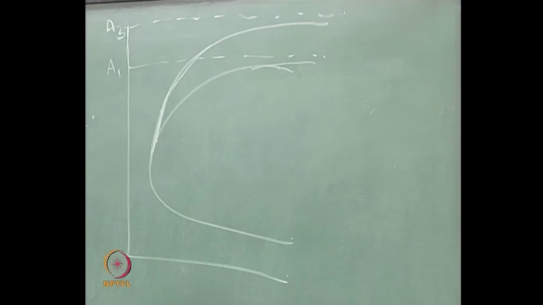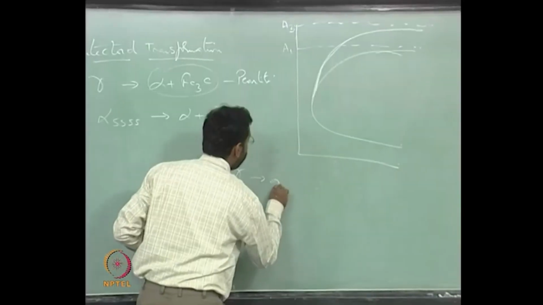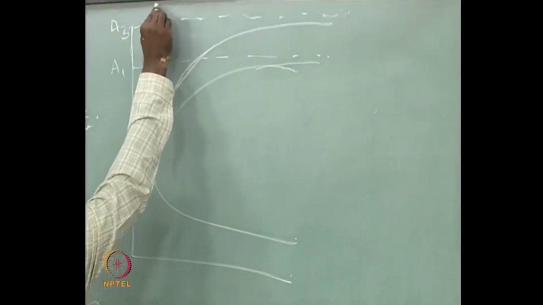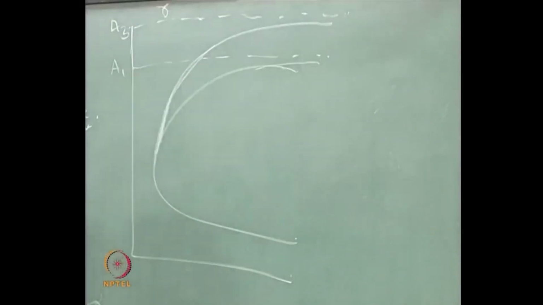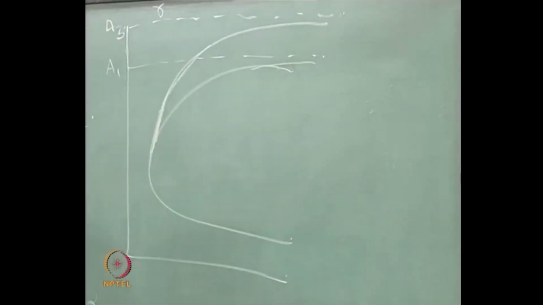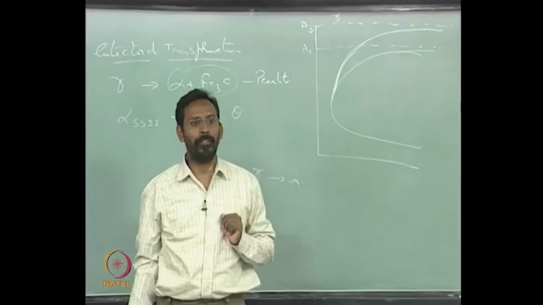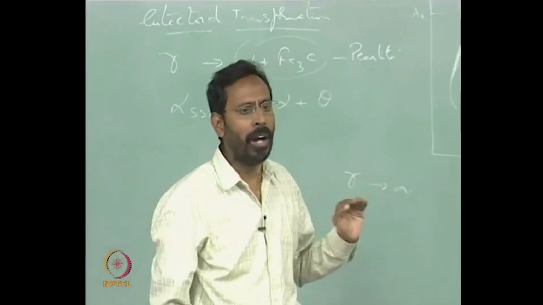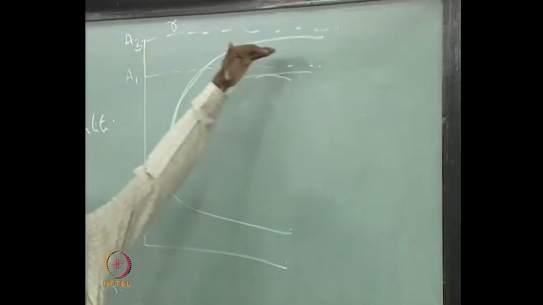So, gamma gives you alpha in this domain. So, everything is gamma above that temperature A3, and between A3 and A1 you will have gamma plus alpha, provided the time that you are providing for the transformation is longer than what is decided by the TTT diagram.